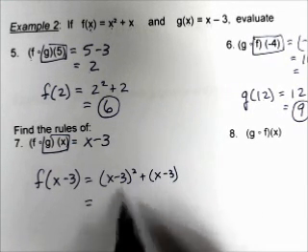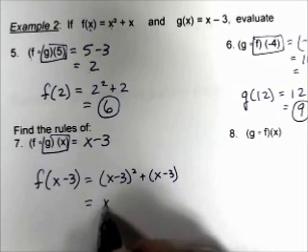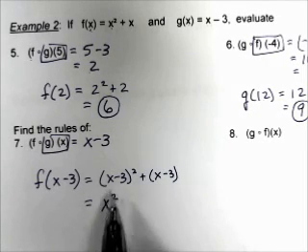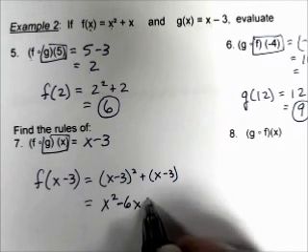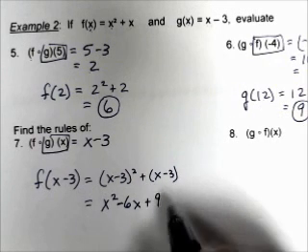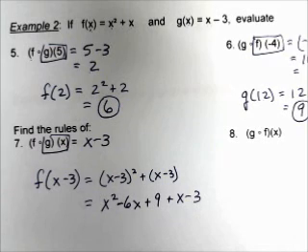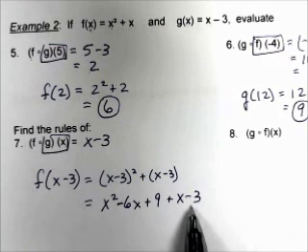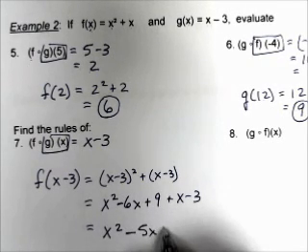Well, (x minus 3) squared, remember the FOIL: x minus 3 times x minus 3 is going to be the trinomial x squared, minus 3x and minus 3x is minus 6x, negative 3 times negative 3 is positive 9. We have the plus sign in front of that parentheses, so we can just drop the parentheses and bring down our plus x minus 3. And now combining like terms, we have x squared minus 5x plus 6.